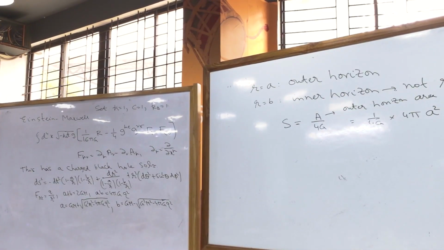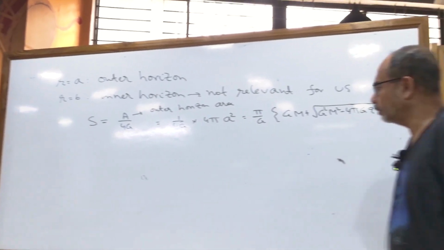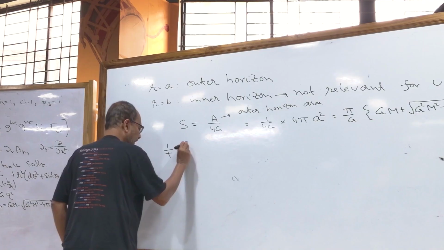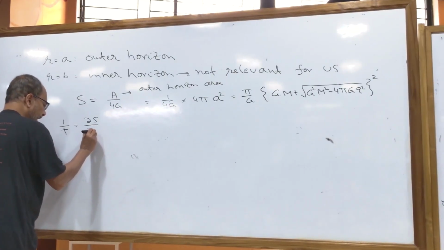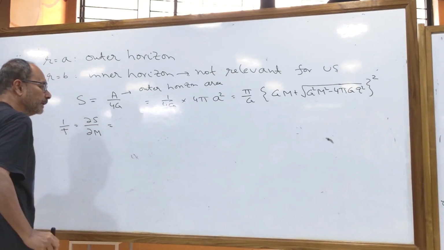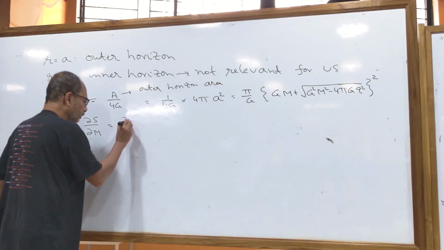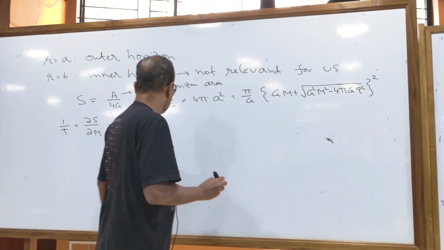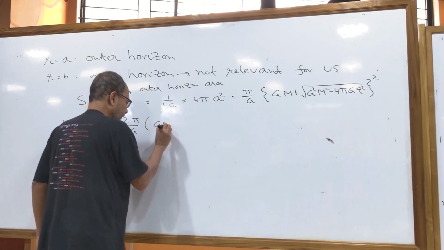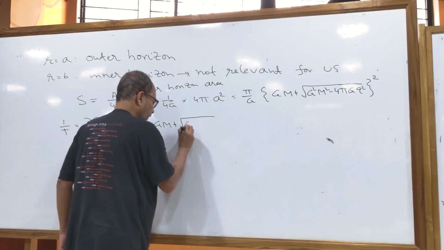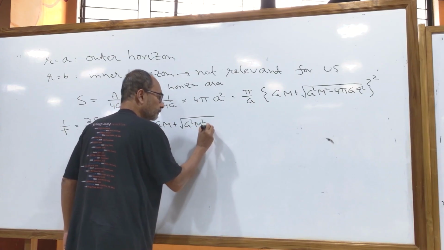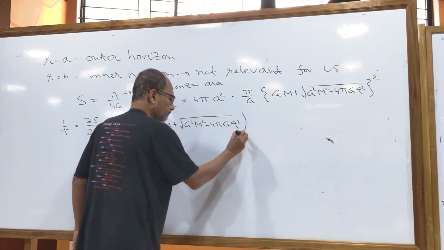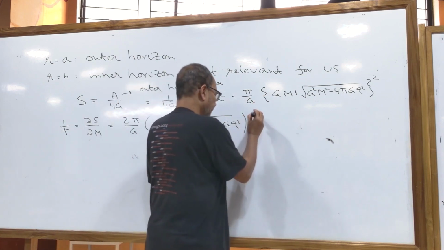Okay, so once you have got the entropy, you can calculate the temperature. Right? So 1 over T is the derivative of S with respect to M. So this gives you 2 pi over G. The 2 comes because of this 2. Then GM plus square root, and then you have to take the derivative of this.